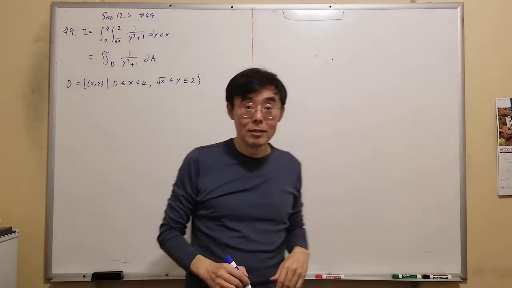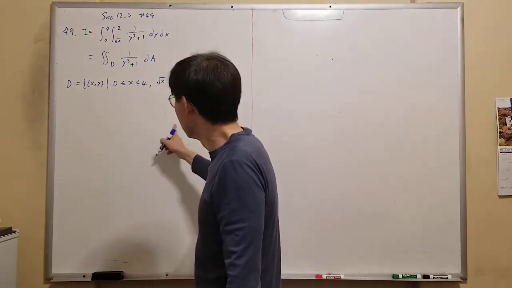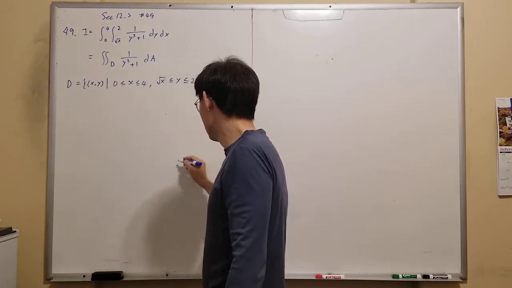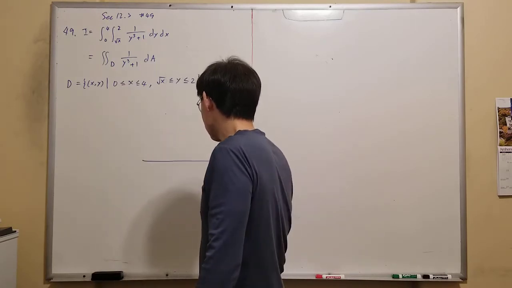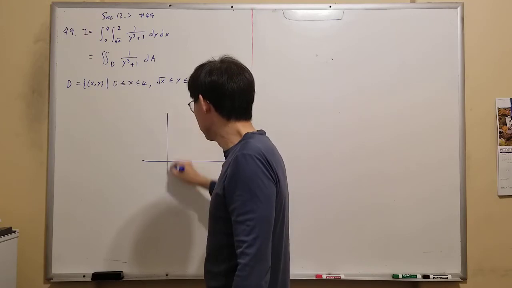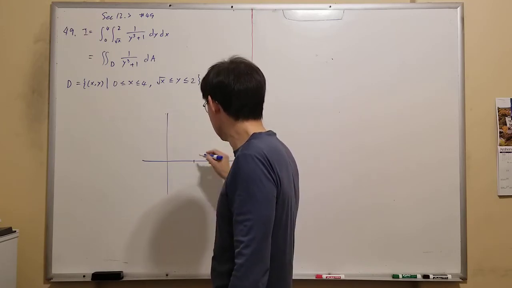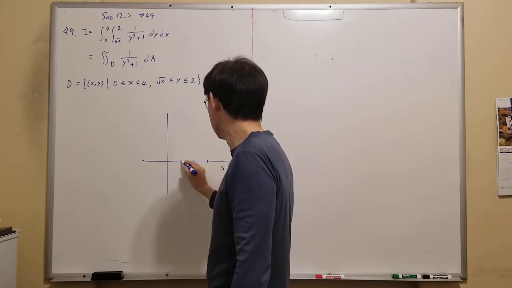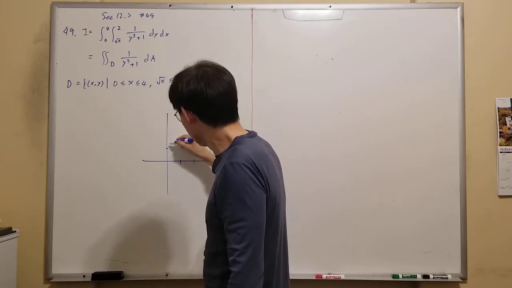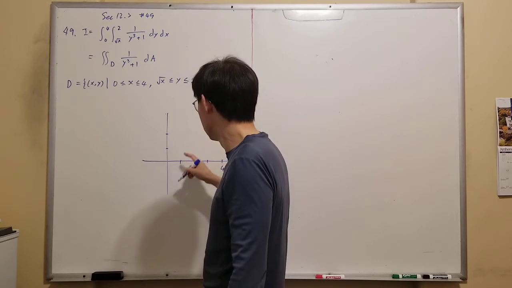So it is given as a type 1 region. Okay? Then let's draw the region here. X is 0 to 4, and y runs 0 to 2.